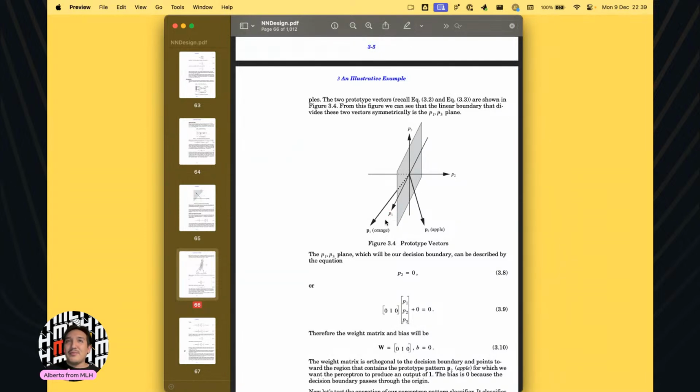Don't confuse the prototype vector P1 orange with this P1 test. I know it can be a little bit confusing. Sorry, I was confusing even myself. This P1 is not the test vector. Sorry, this is the axis of the three-dimensional space.